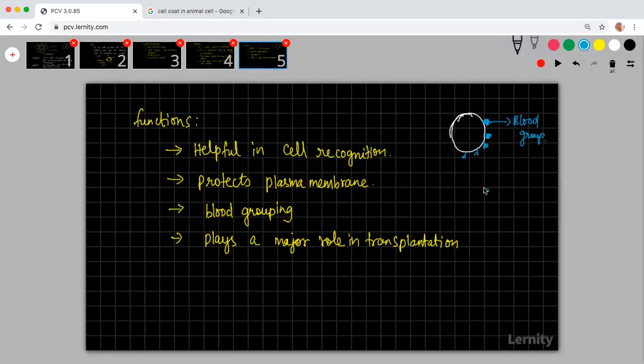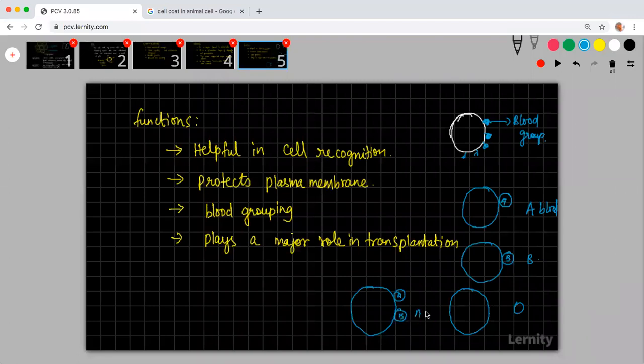Suppose the blood cell has a protein called A, then this will be called blood group A. If there is a blood cell which has B, we call this B group. If it has nothing, we call it O. The next one is where you have A as well as B. We call this AB blood group.